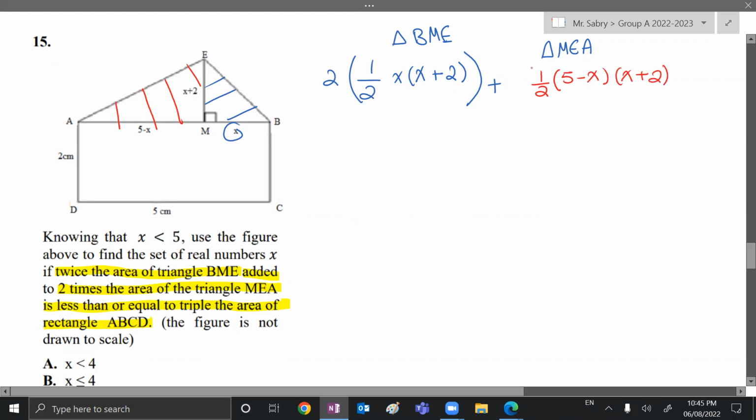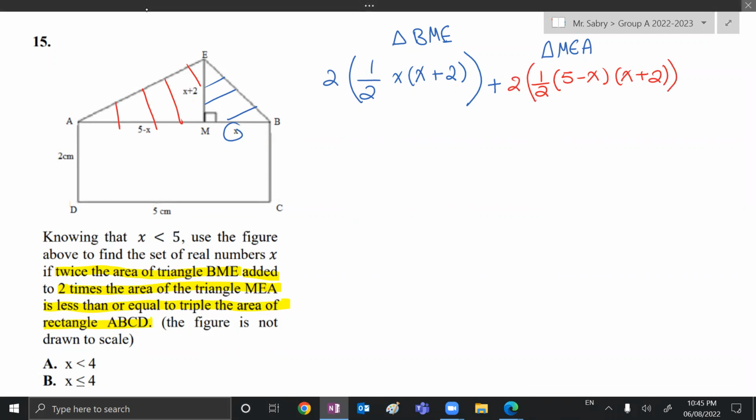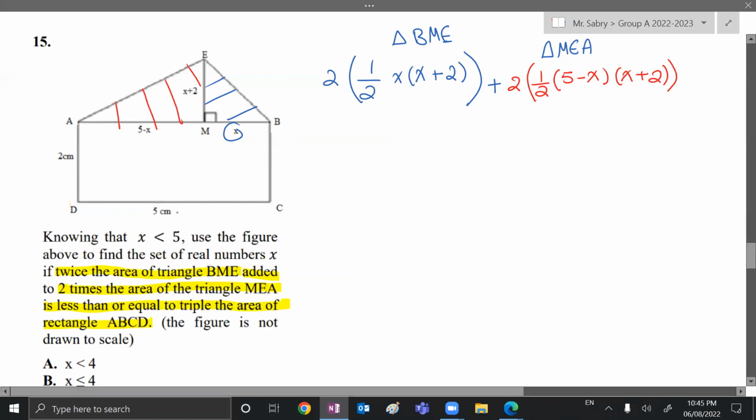Again, they told me 2 times the area of this, so all of this is multiplied by 2. They said that all of this is less than or equal to something, which is triple the area of rectangle ABCD.